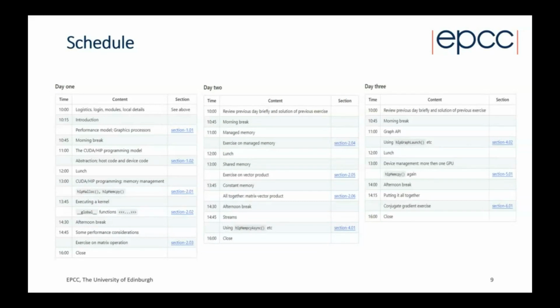If people finish early, especially towards the end of the day on the final exercise, and feel like they're complete, that's okay to head off a little bit early. Tomorrow morning we'll review that exercise at the beginning and discuss some of the outcomes from it. We'll spend a decent amount of time on that to make sure everyone's on the same page and you can understand the learning outcomes.